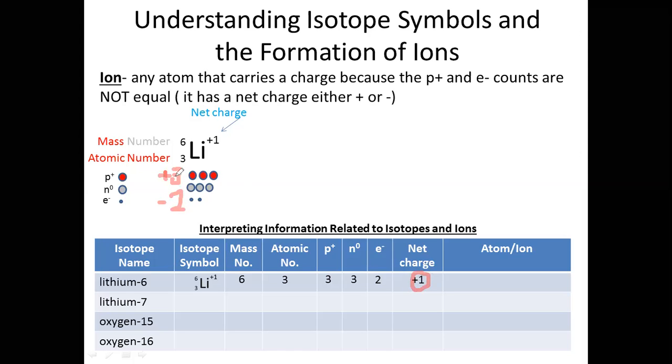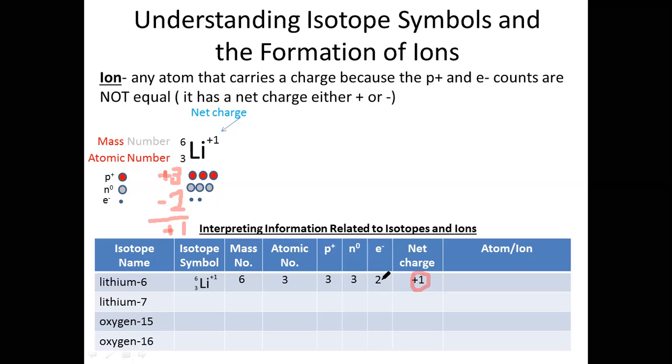If you compare 3 plus and 2 minus, notice we get a difference of +1. So the net charge in here is +1, and we know that because the number of electrons is less than the number of protons. That's why it is carrying a plus charge and not a minus charge.